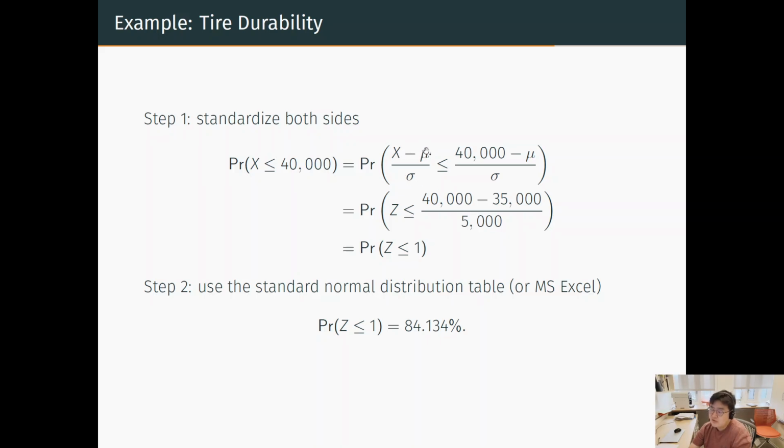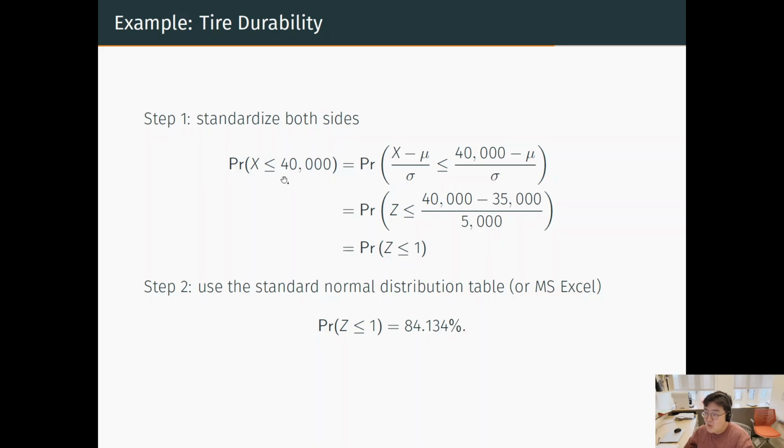Actually, you don't need to plug in those numbers on the left-hand side because anyhow you know it is standard normal distribution, right? In the end, it is just standard normal distribution, so you don't need to do any manipulation here. But the right-hand side needs some algebra. Subtract 35,000, the mean, and divide by the standard deviation. And then it is 1, right?